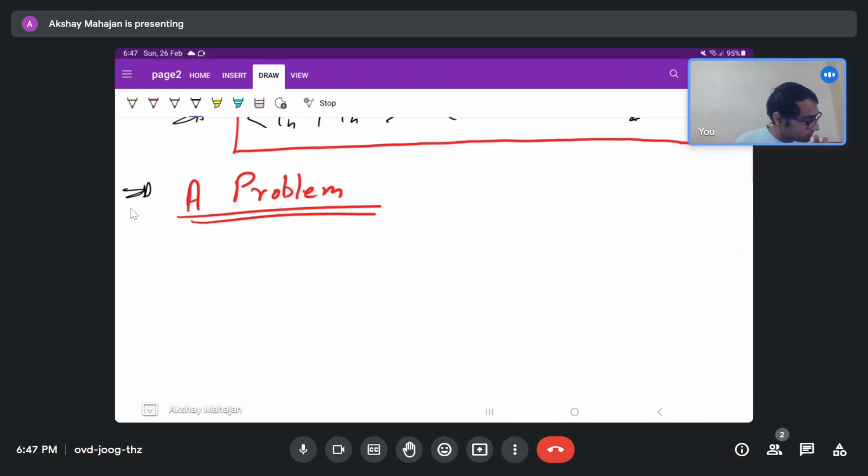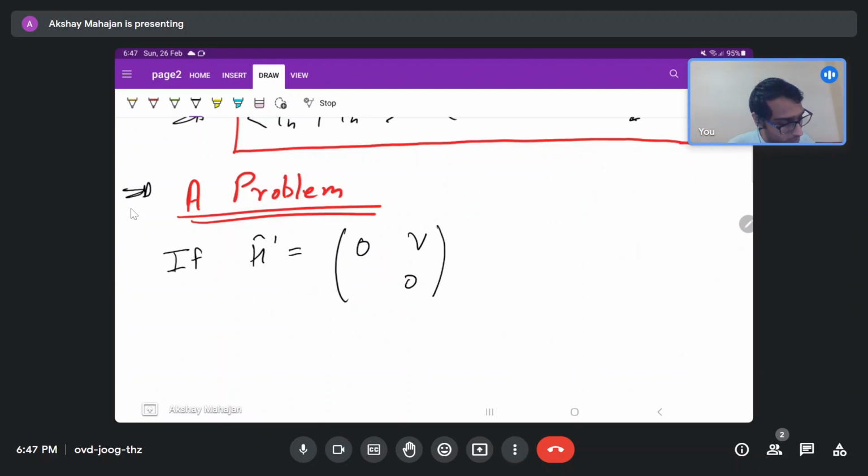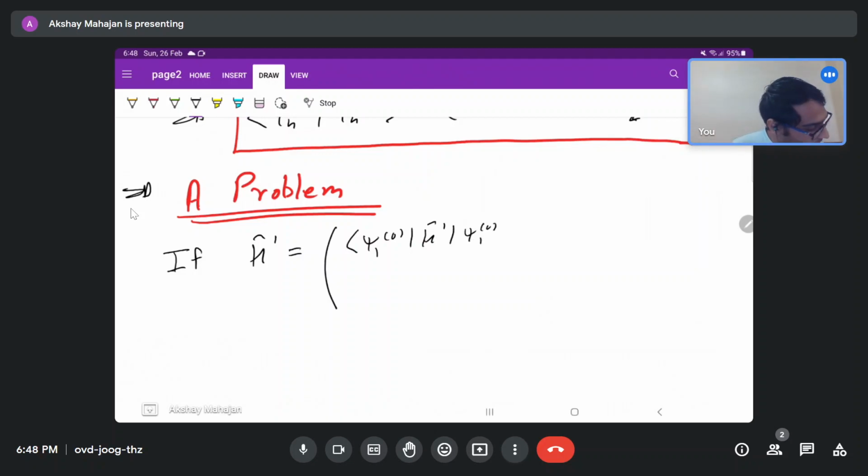Let's say the perturbation h cap prime is given as a matrix, which I will write in matrix form, with elements psi n of 0 h cap prime psi m of 0.